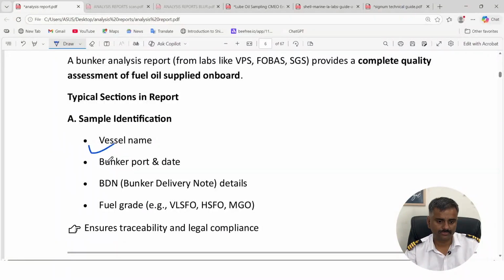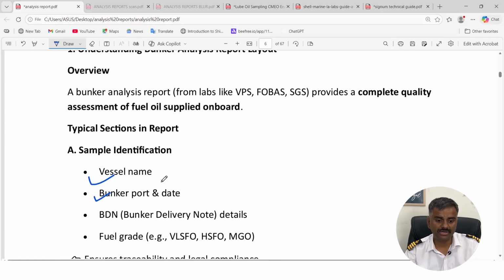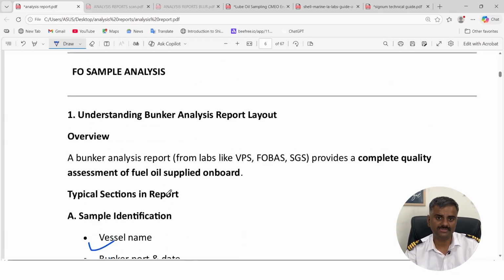It will give you the specific sample bottles with all the details, like your vessel name, bunkering port, which bunker you have taken, what quantity of oil, what grade of oil, and the chief engineer signature, etc., has to be there. In the bunkering course that we have recently concluded, we have discussed sending for analysis and how you will take samples in more detail.